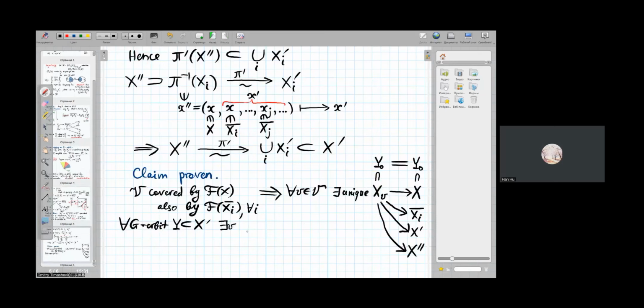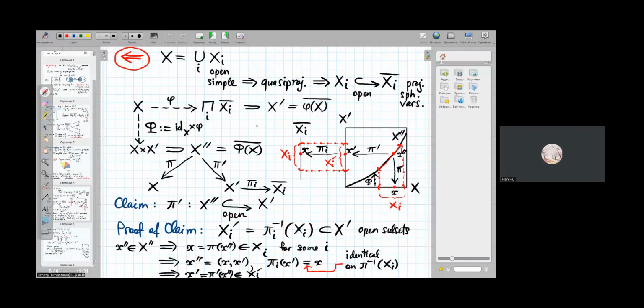Professor, how is xv mapped to x prime? Well, because we have a map from xv to each of the xi bar, and therefore we get a diagonal map.